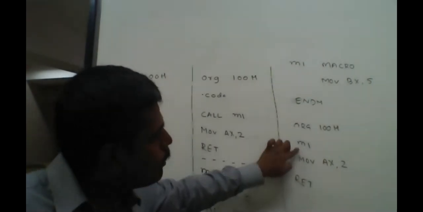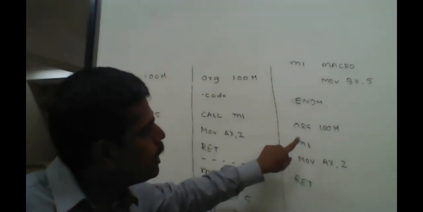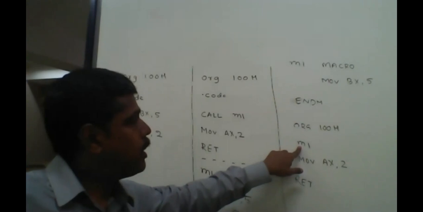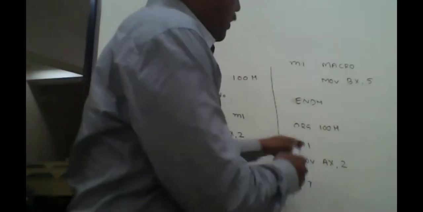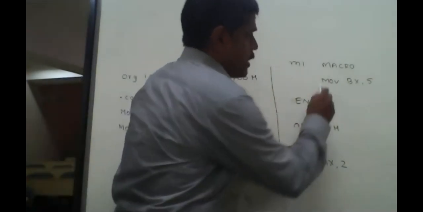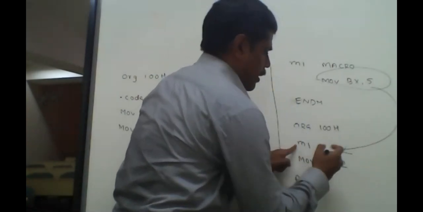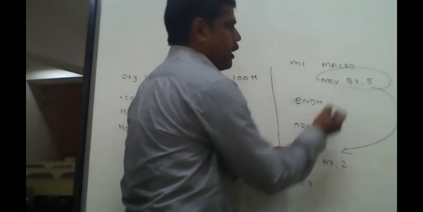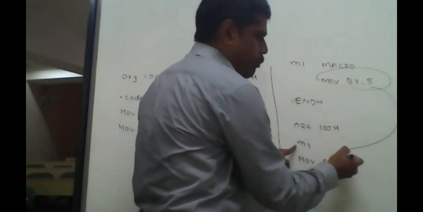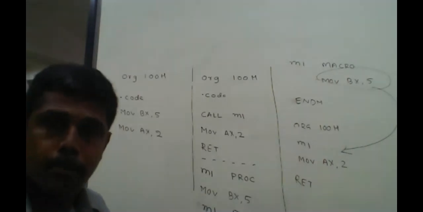But whereas in a macro, whenever you are invoking a macro, in place of M1, move bx comma 5 will be replicated, or repeated, by the assembler.